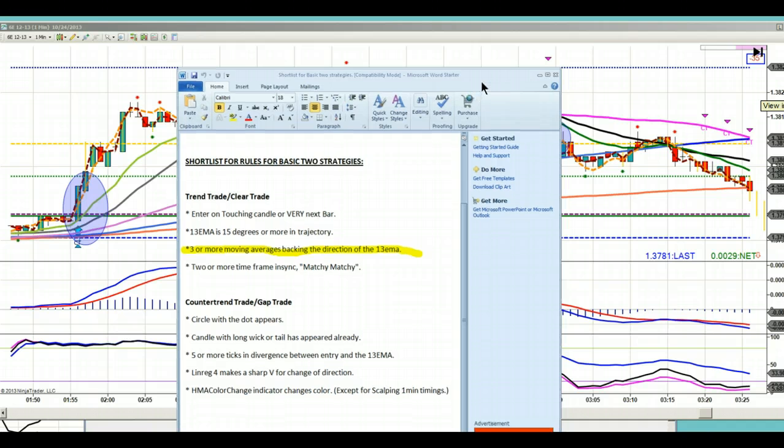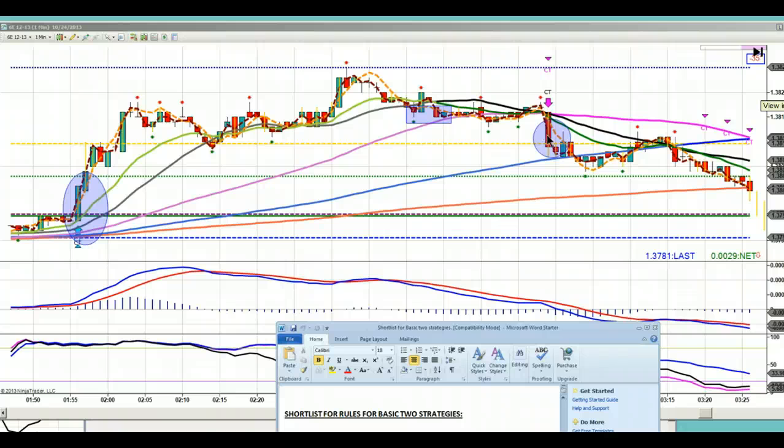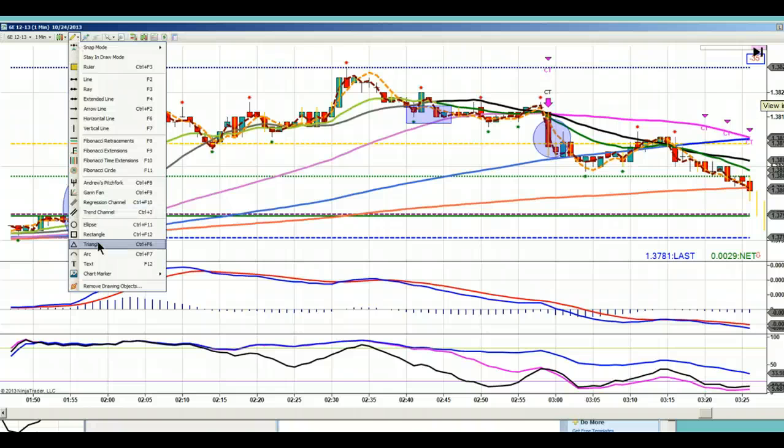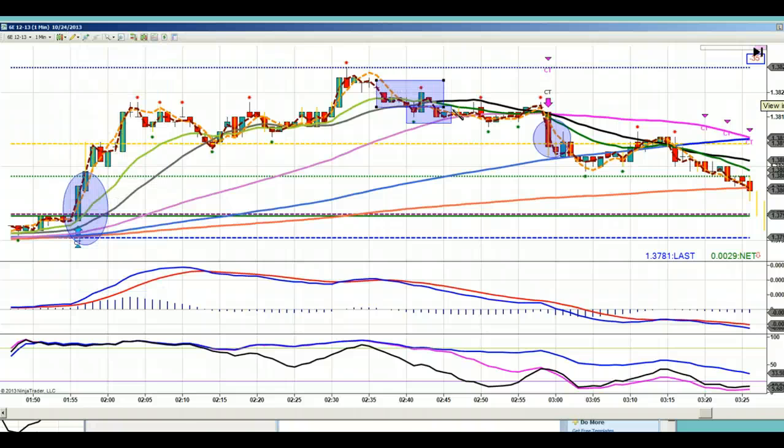As you can see, the circles are my trend, and if it's not clear of 3 or more moving averages, then it's what we call the counter trend. This is actually the reversal part, the actual trend change. This is where you will be doing your counter trend strategy that we covered last week. Is that clear? Are there any questions about that basic principle before we move on?